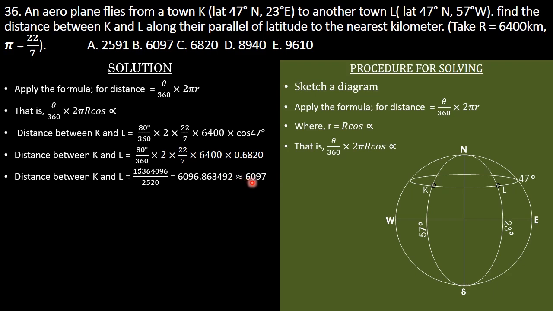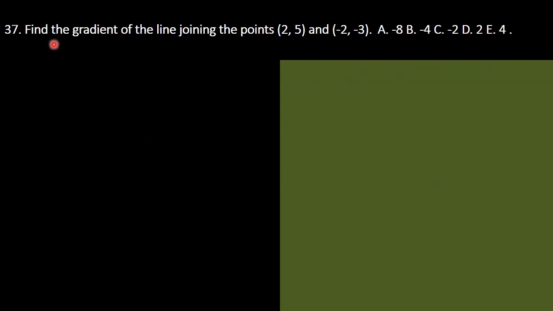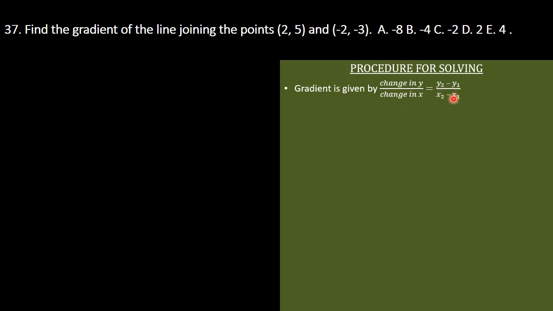Question 37. Find the gradient of the line joining the points 2, 5 and -2, -3. The procedure for solving this: gradient is given by changing y over changing x equals to y2 minus y1 over x2 minus x1, where x1, y1 and x2, y2 are the coordinates of the 2 points forming the line.